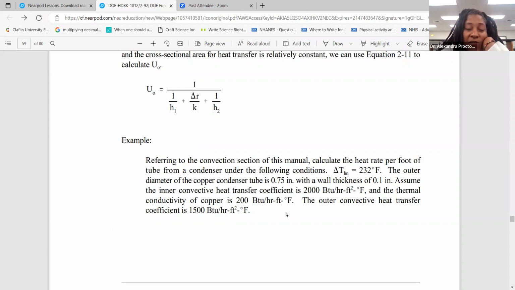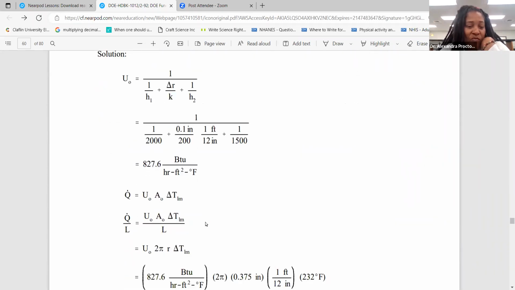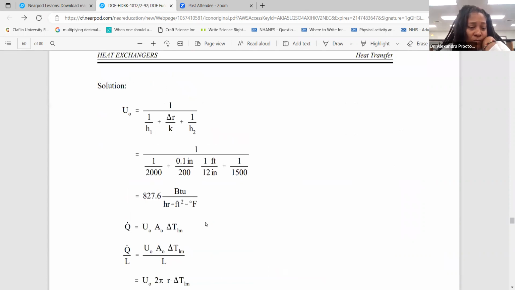Assume the inner convective heat transfer coefficient is 2000 BTU per hour foot square degree Fahrenheit, and the thermal conductivity of copper is 200 BTU per hour foot degree Fahrenheit. And the outer convective heat transfer coefficient is 1500 BTU per hour foot square degree Fahrenheit. And so they plug in and solve.